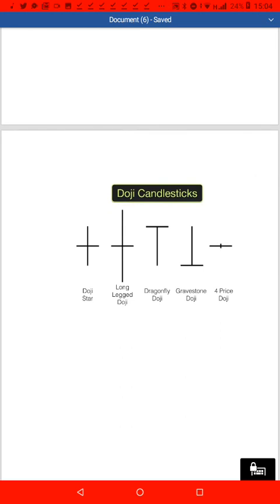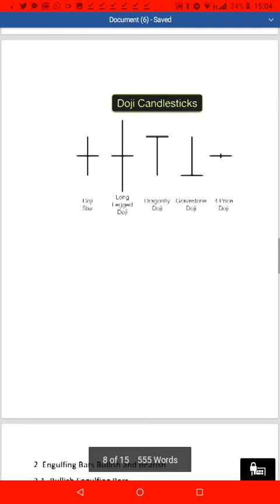And then we have the gravestone. The gravestone is bearish. You will find it in an uptrend. It shows that the market tried to go up, but then the bears dragged it down. That's the doji candlesticks.